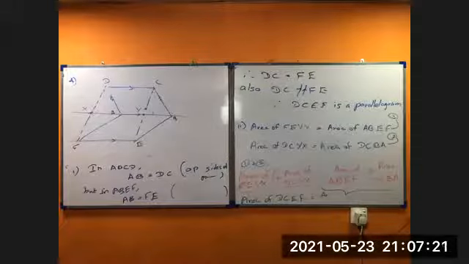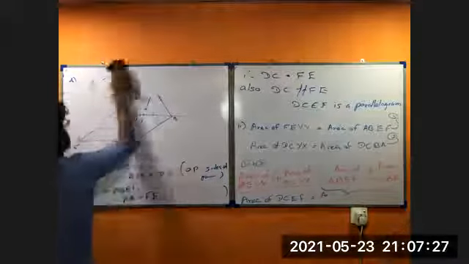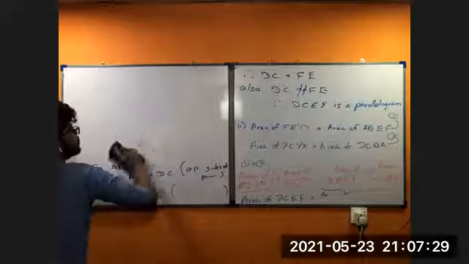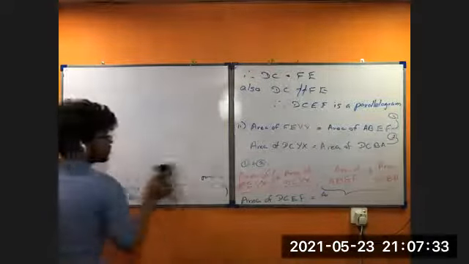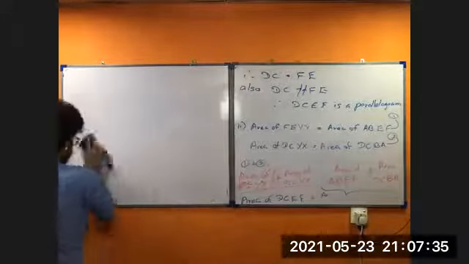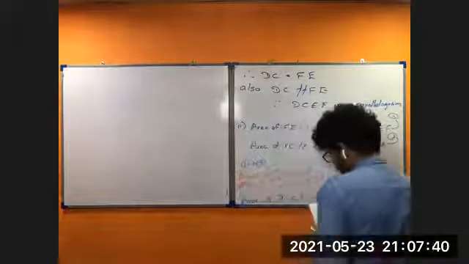Okay, let's first draw the diagram and see. So what do we have? ABCD is a parallelogram.